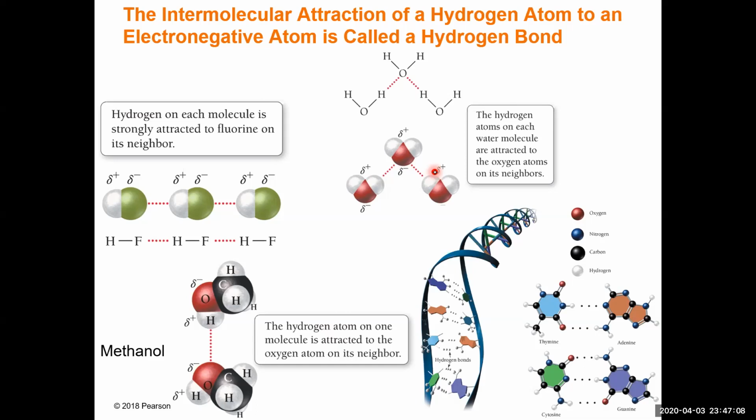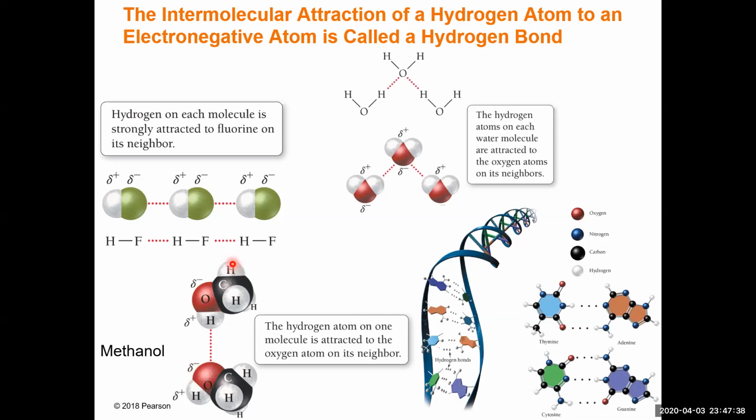Between methanol molecules, we also have hydrogen bonding, which has attractions between the hydrogen that's bonded to the oxygen. That hydrogen has a partial positive charge, which is attracted to the oxygen of the neighboring atom, which has the partial negative charge.